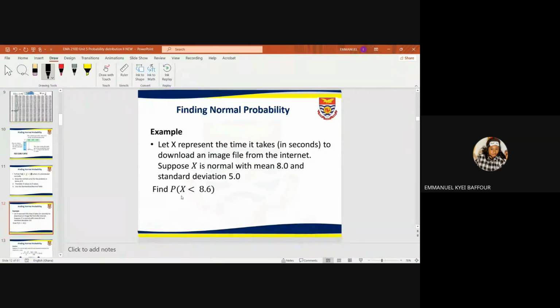So we've been given it in terms of X. The duty we are supposed to perform here is to convert from X to a Z score. The Z score is given as X minus mu divided by the standard deviation of the population. So this is going to give us 8.